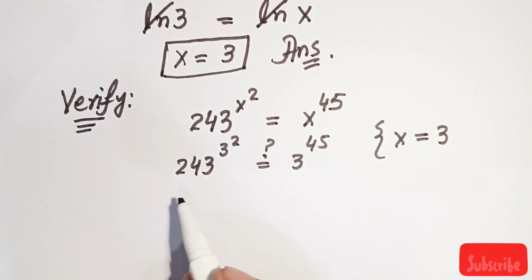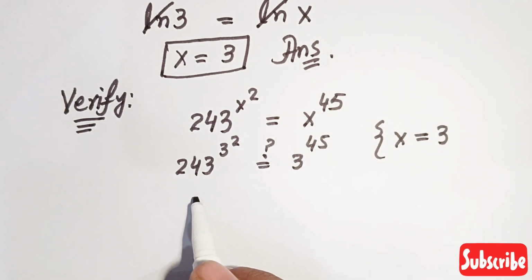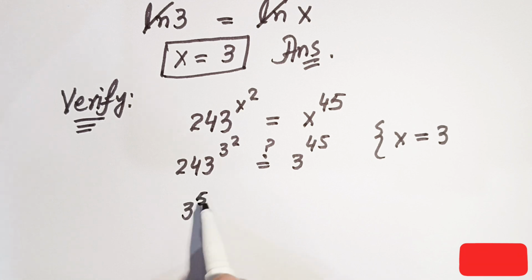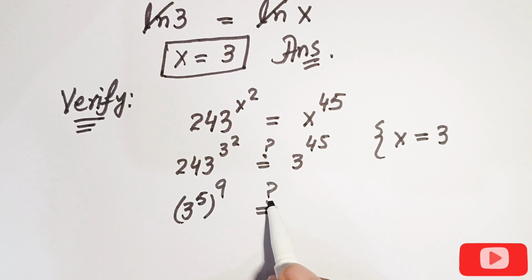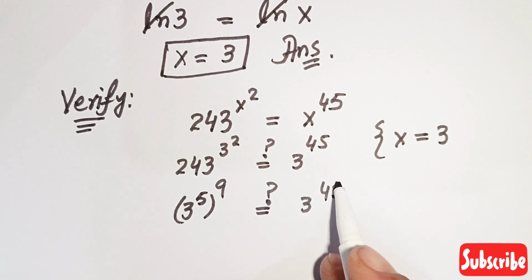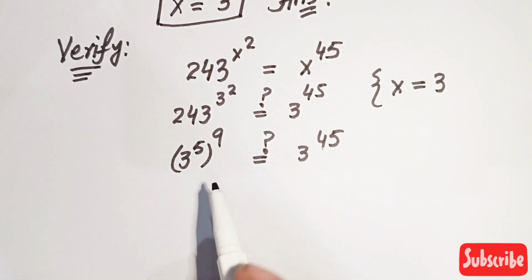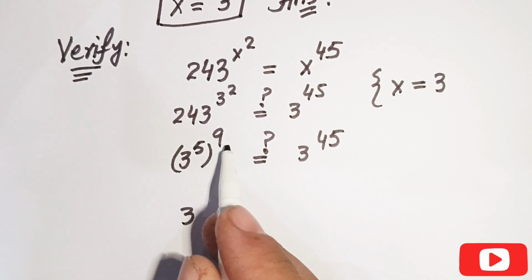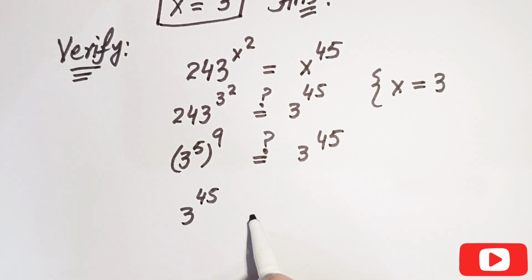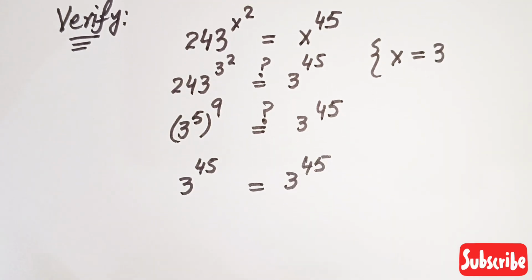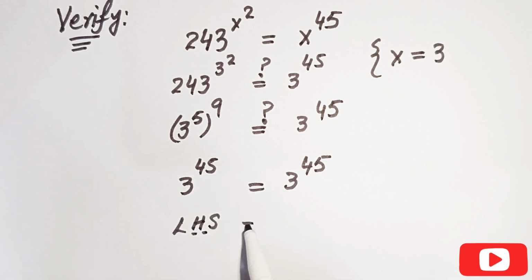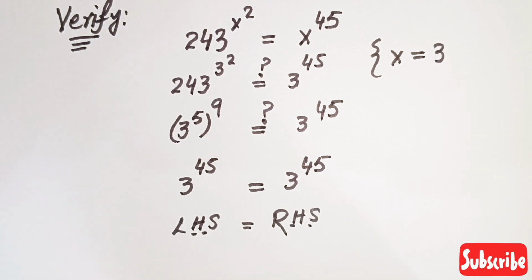Now we know that 243 is equal to 3 to the power 5, then whole to the power 3 squared, which is 9. According to the exponential law, 5 times 9 is 45, which is equal to 3 to the power 45. So hence we prove that the left hand side of this equation is equal to the right hand side.